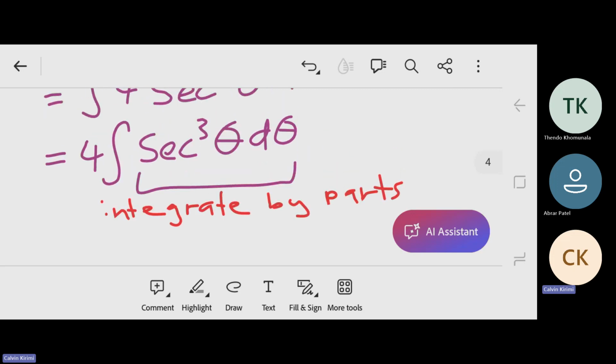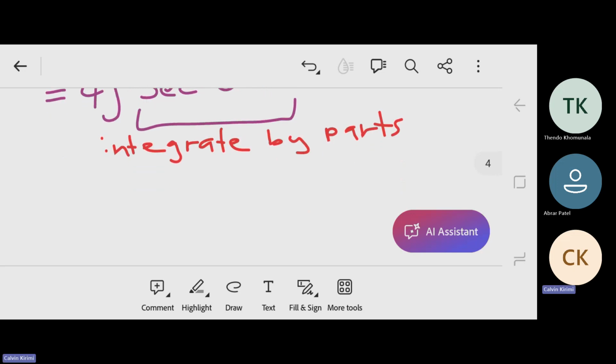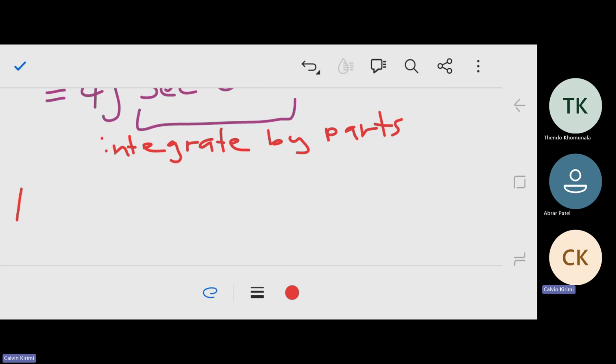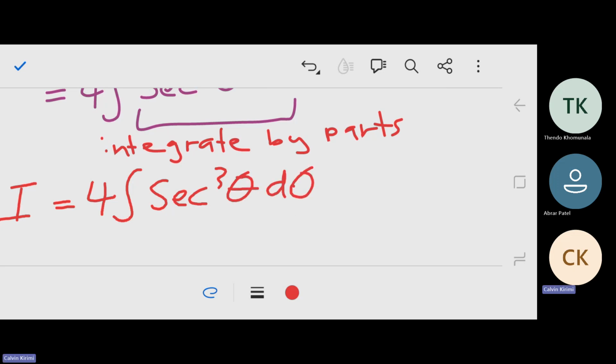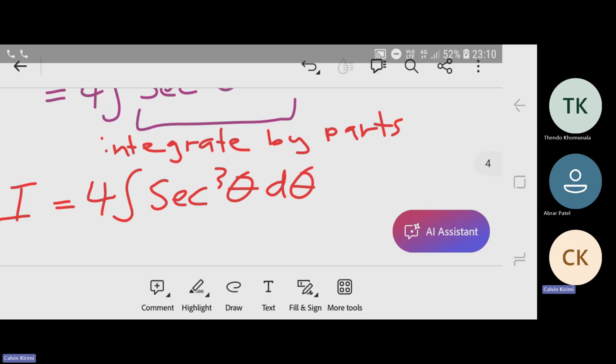So in other words, our I, which we want to integrate, our I is equal to 4 times the integral of secant cubed theta d theta. That is our I we want to integrate.